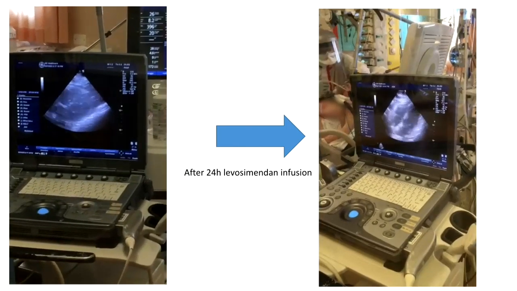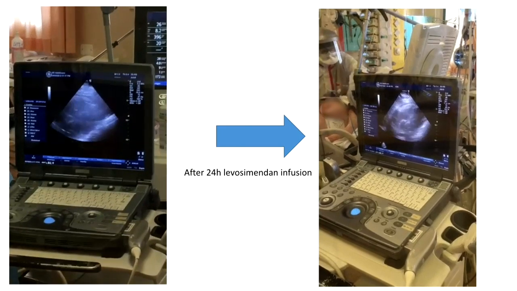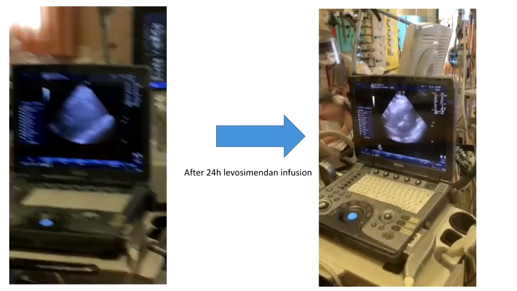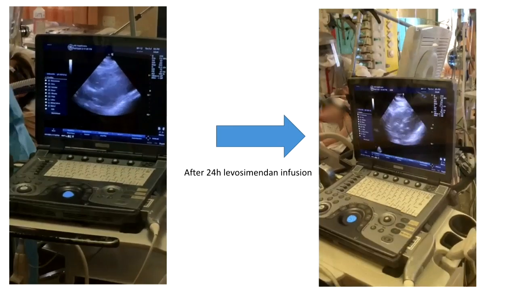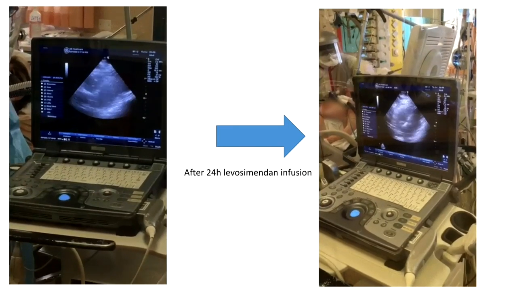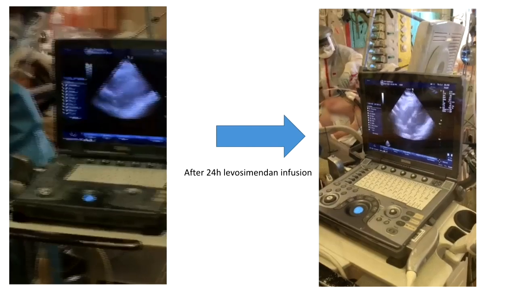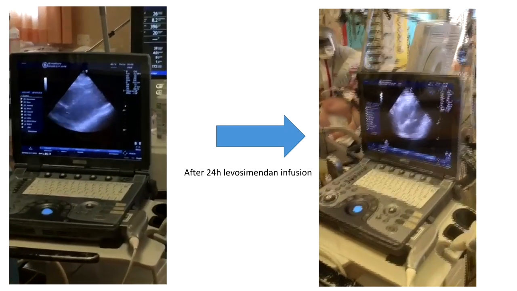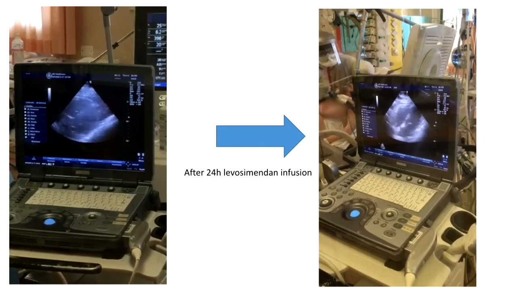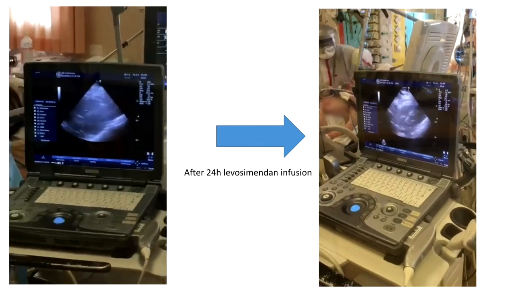And what we have seen, because we are particularly interested in the evaluation of the heart, is that a lot of patients presented with right heart dysfunction that is independent from pulmonary hypertension.